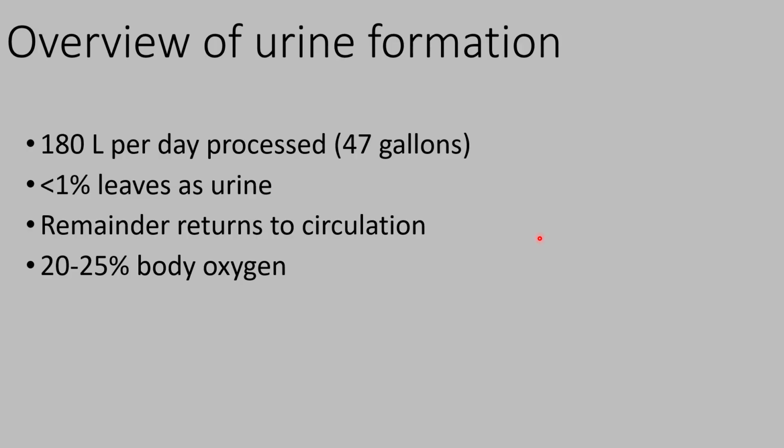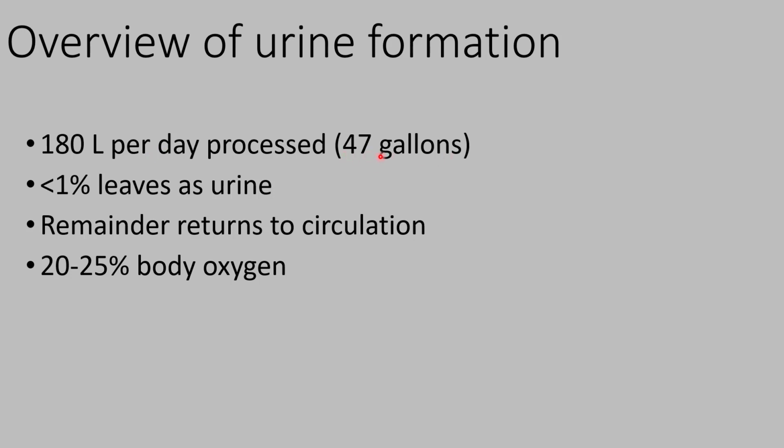So, last slide for this lecture is just talking about how much urine your body produces and how much liquid your kidneys filter and how much oxygen they need. Well, about 180 liters of filtrate are processed per day.